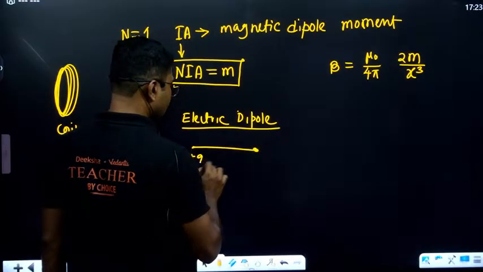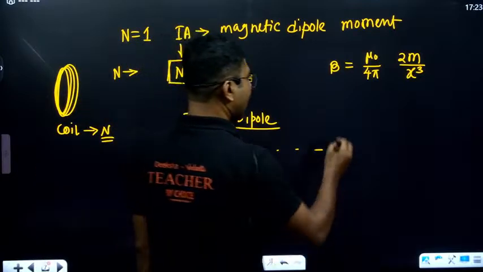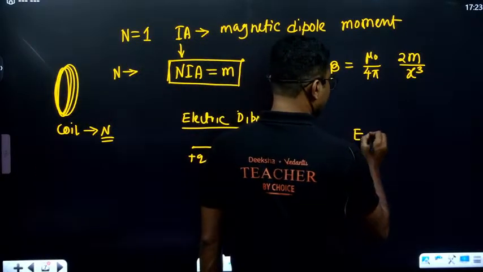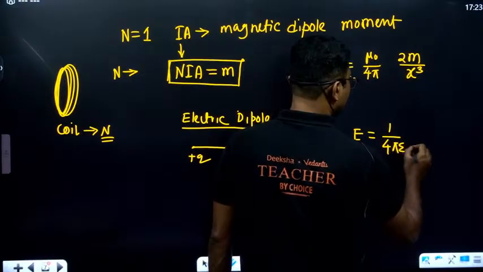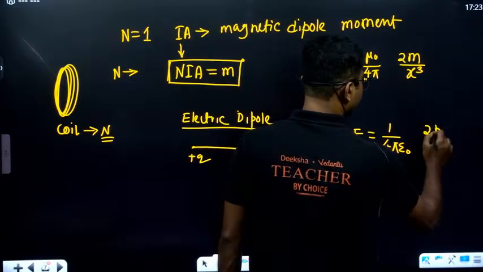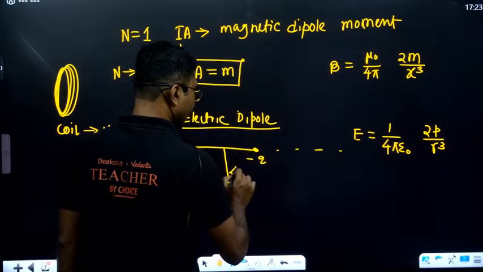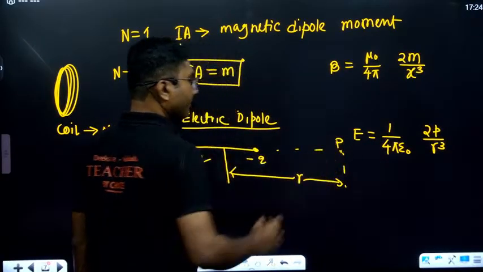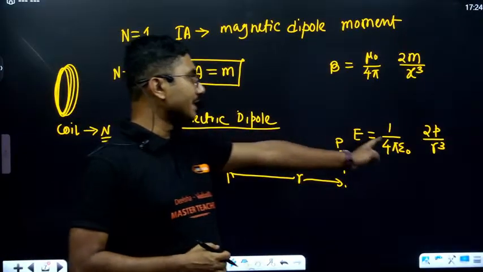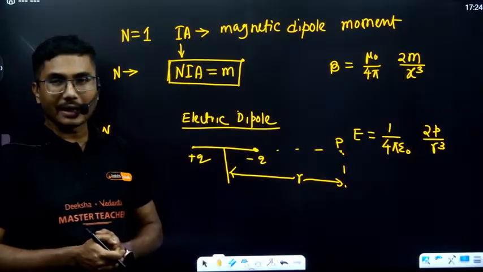So this is plus q, this is minus q. On its axis, the electric field of a dipole was given by 1 by 4 pi epsilon naught, 2p by r cube. The distance from the center was given by r, the point where we are trying to find the field. Is there any similarity?